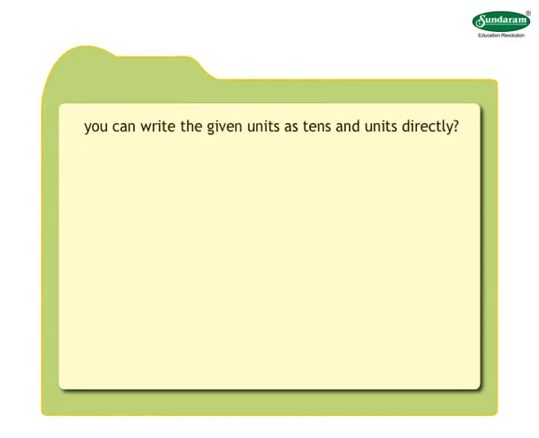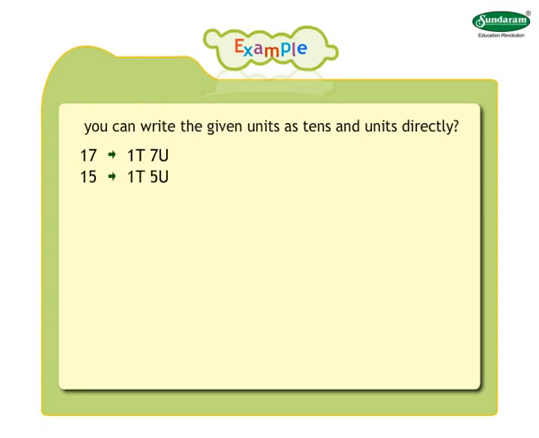Now, you can write the given units as tens and units directly. Example: 17 units is equal to 1 ten, 7 units. 15 units is equal to 1 ten, 5 units. Did you all notice something? In a two-digit number, the right-hand side digit is the units place digit.